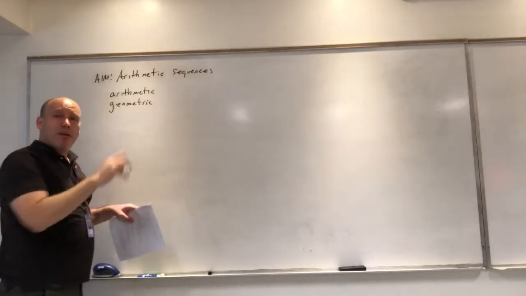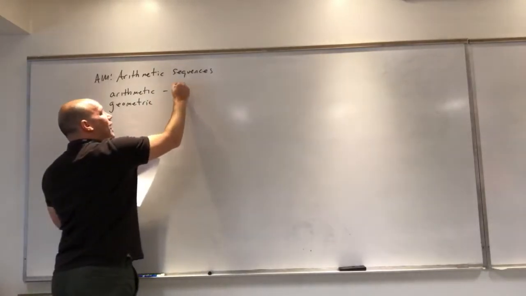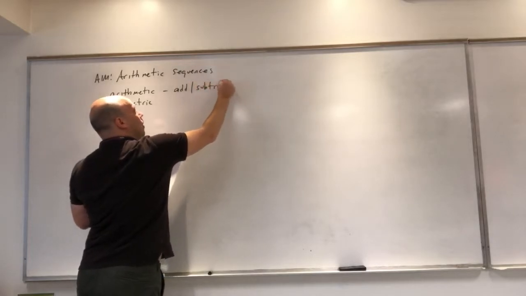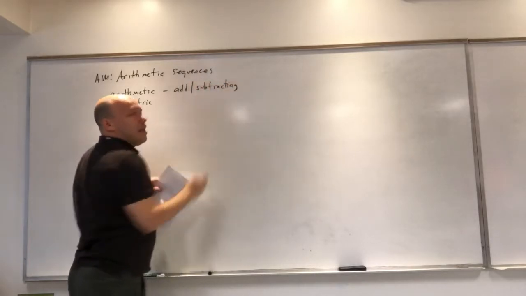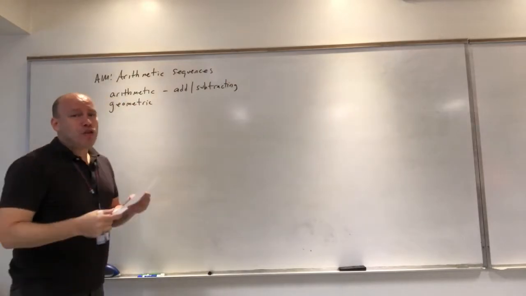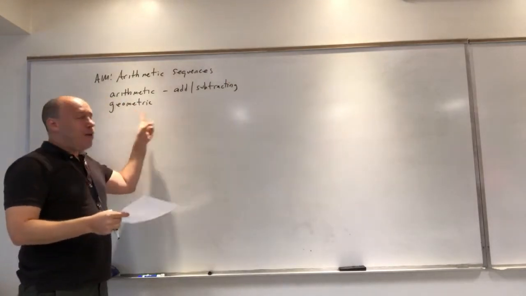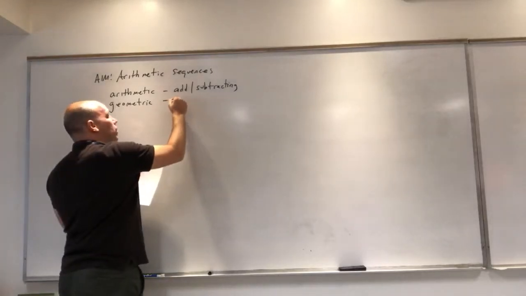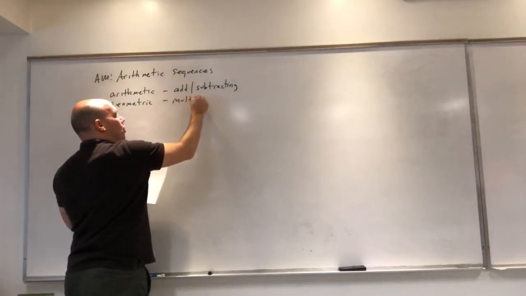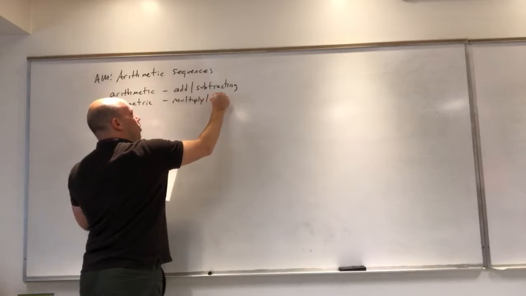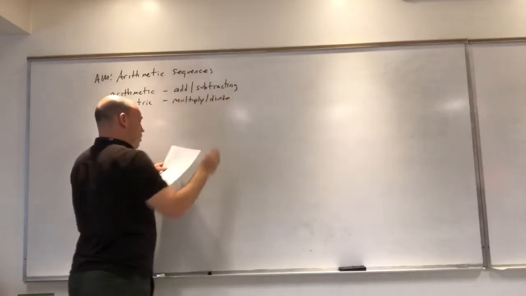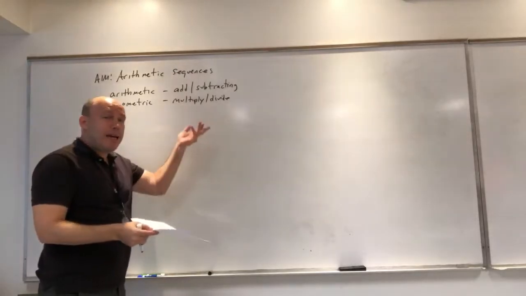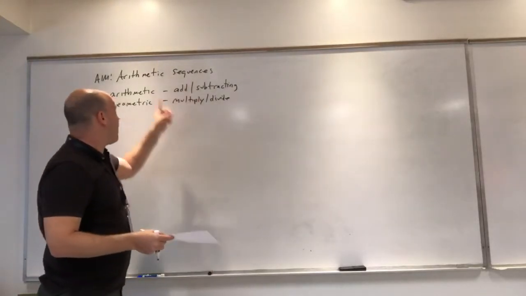And so with an arithmetic sequence, we're adding or subtracting to get to the next term, and a geometric sequence is when we multiply or divide to get to the next term. Now, this is really good. So now we can quickly see, we're going to talk about the arithmetic today.